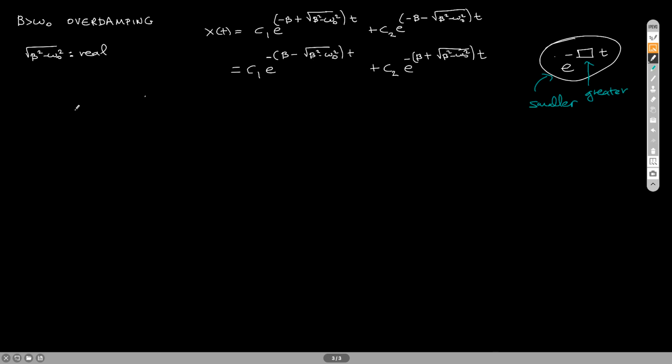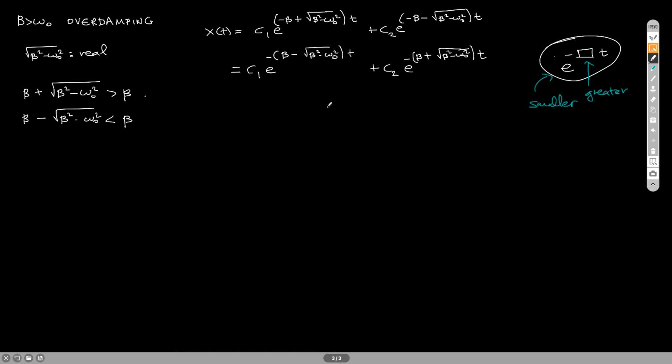Okay, let's write this down. So zeta plus the square root of zeta squared minus omega naught squared will need to be greater than zeta, of course, because I'm adding something. And then zeta minus the square root of that will need to be less than zeta.